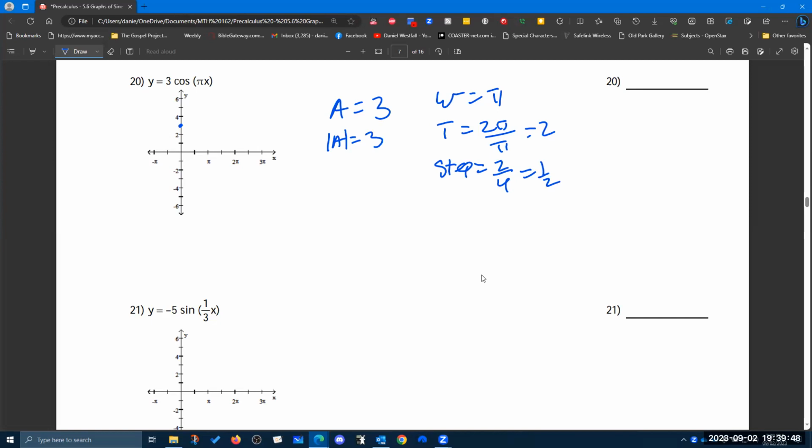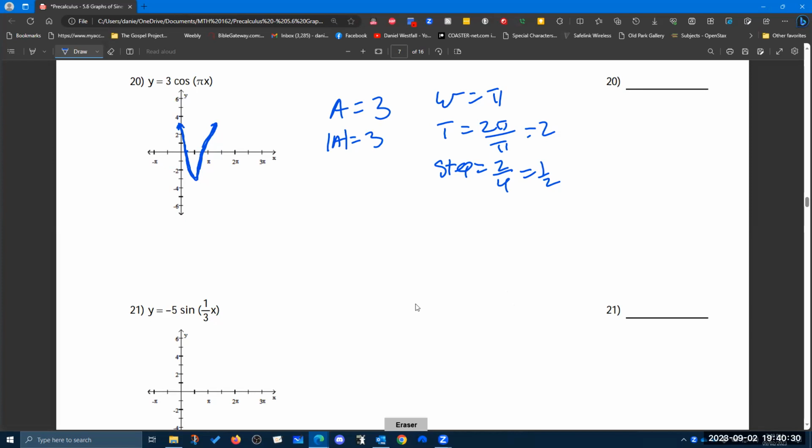So that is somewhere right around here, and I'm going to get my 0, and then somewhere right around here, I'm going to get this, and they're just a little shy each time of the tick mark, something like so. And you can follow that wave more cycles if you would like.